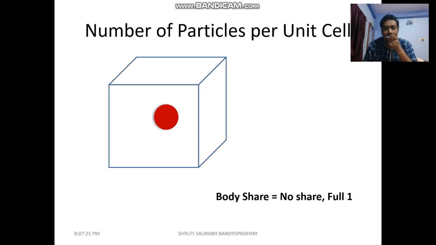So body share, actually no share, full one contribution to one unit cell. Contribution means how much of the volume of the particle is associated with one unit cell. Clear?